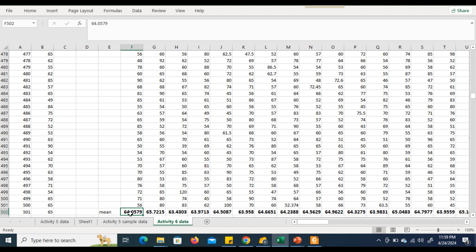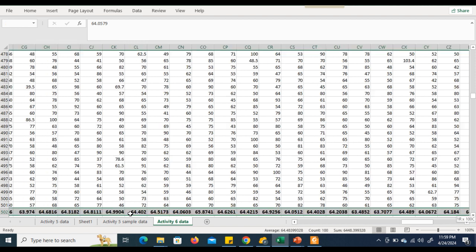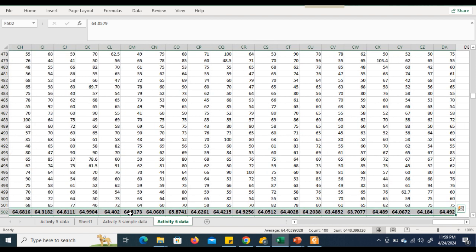The first step is we are going to select this data of the sample means. In this case the data is in the form of a row only, so to select this entire row we have used the option Control Shift and right arrow.